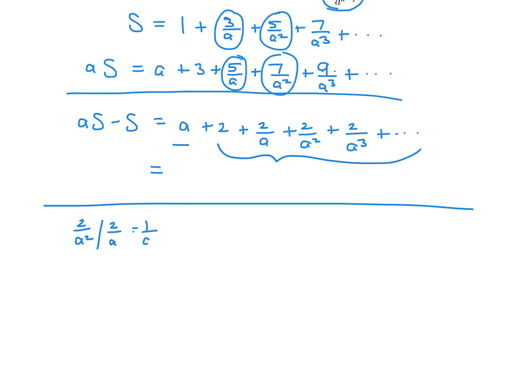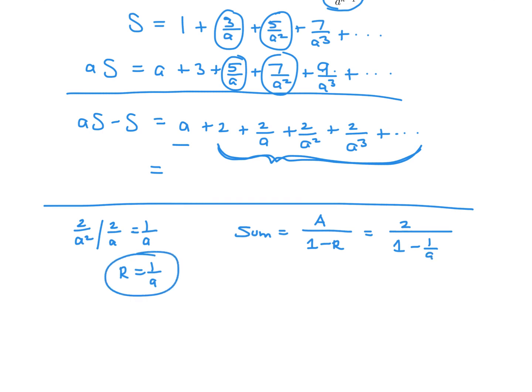So the ratio is 1 over a, and an infinite series has a sum of a over 1 minus r, where a is the first term. In this infinite series, the first term is 2, and the ratio is 1 over a. So when you crunch out these numbers, you get 2a over a minus 1.